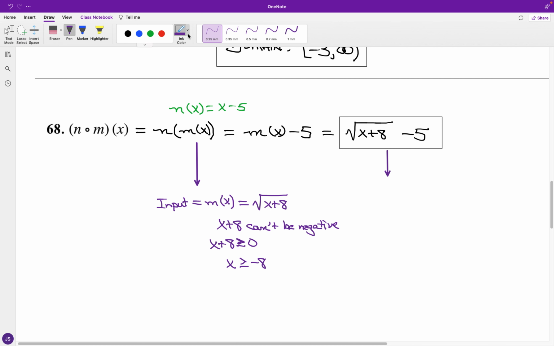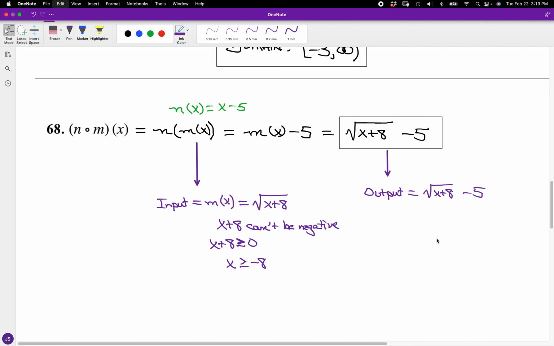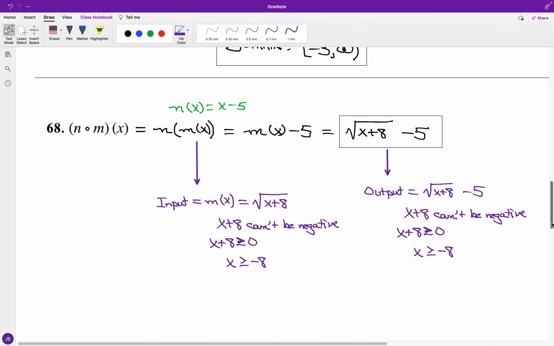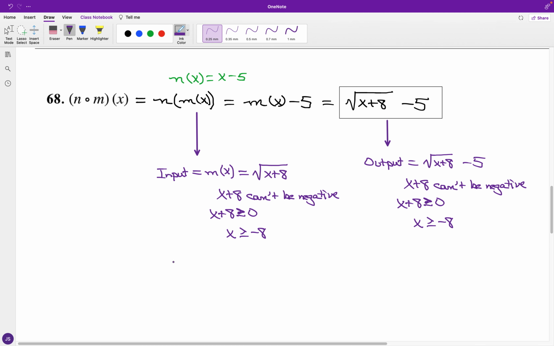And for the output, again, we have the composition itself. So we have the square root of x plus 8 followed by the subtraction of 5. And the only restriction will come from the square root of x plus 8. So we have essentially the history regarding the input is going to apply for what we have regarding the output. So in this case, for this composition, the only restriction is that x is greater than or equal to negative 8.